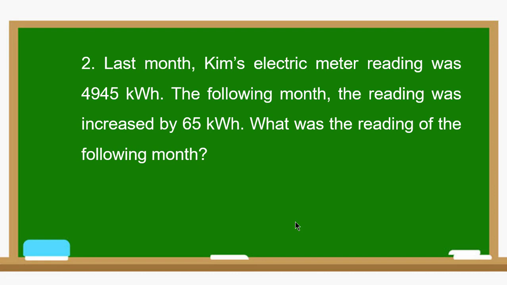What was the reading of the following month? The answer is 5,010 kilowatt-hour.